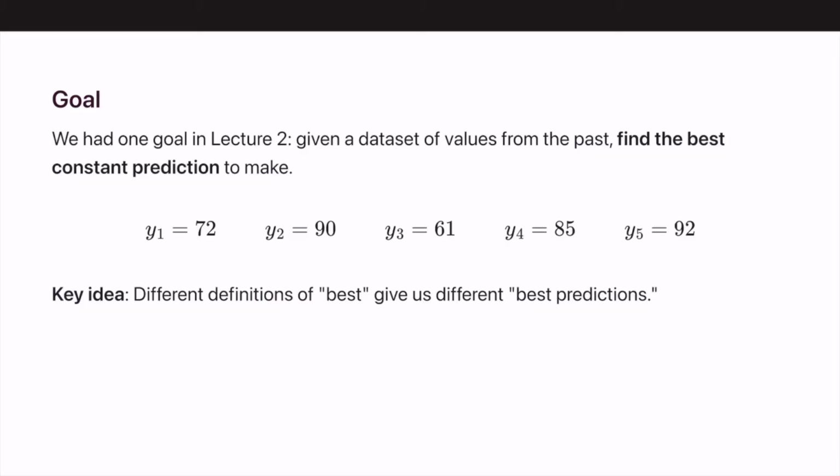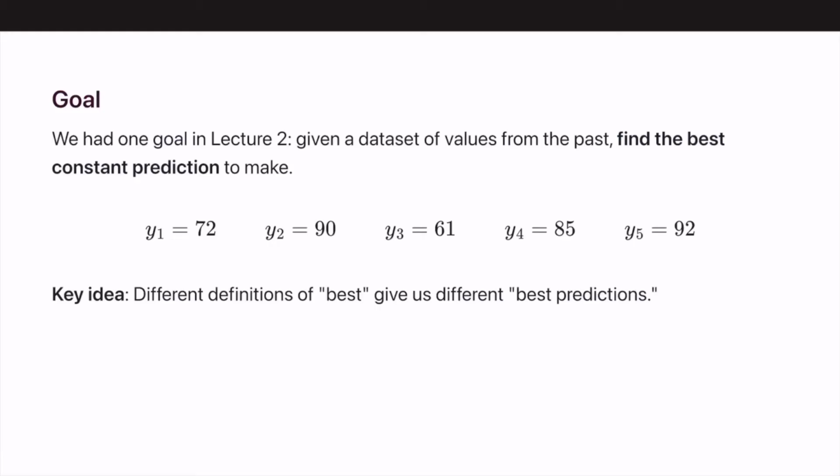And the goal so far that we've been trying to look at is, from this small data set, what's the best prediction that we can create or determine from this data. And best really depends on what our definition is.